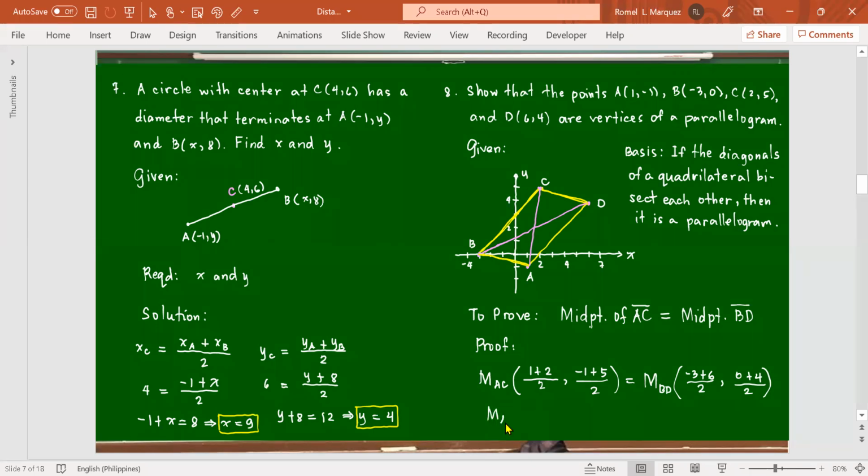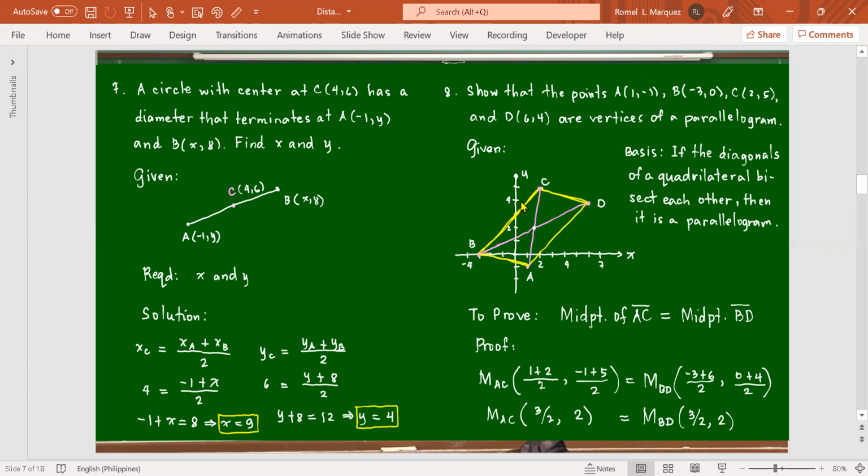What is the left side? 3 halves, positive 2, no? What about the right side? 3 halves, positive 2. Are they coincident, the points? Yes, no? They coincide here.